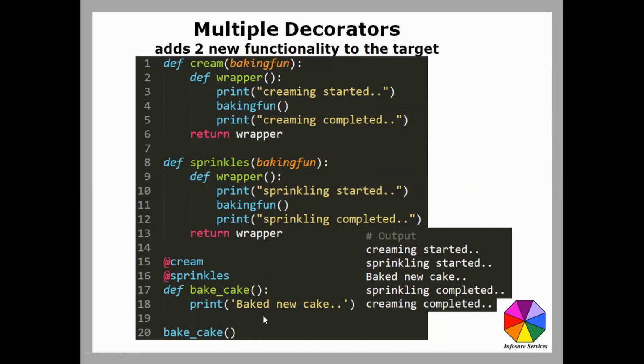Just by applying this, it will take this function as an input and wrap it. All these lines of code, like login, log out, can be directly applied without modifying the target function.